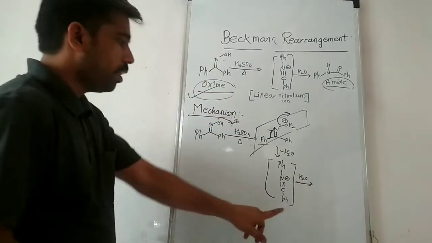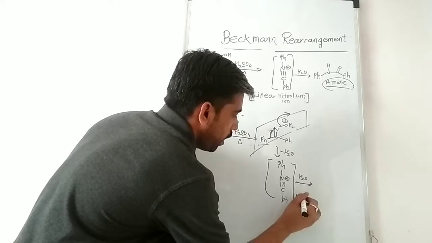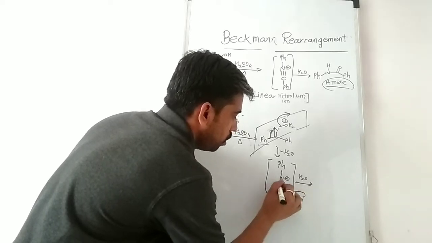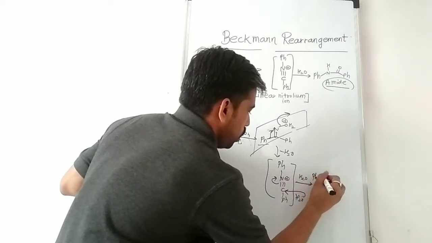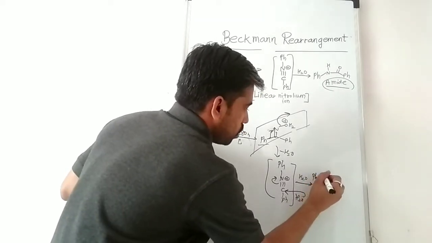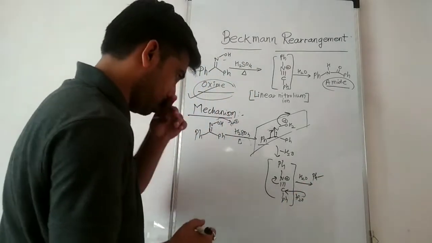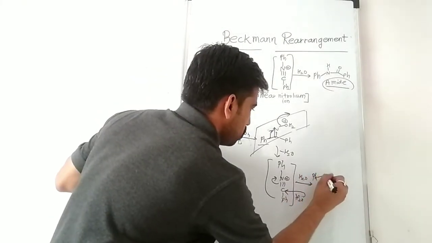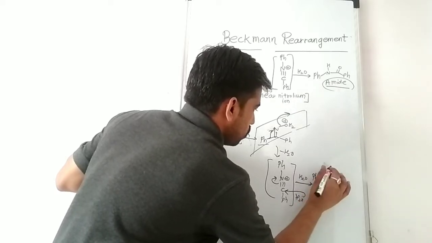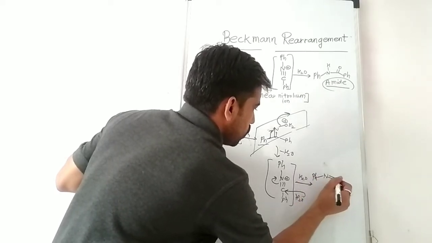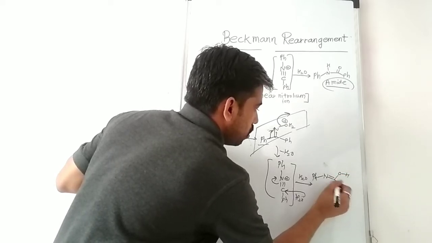After the formation of the linear nitrilium ion, the water molecule attacks the electron deficient carbon, and we get Ph, C double bond N. This water molecule is attacked here.